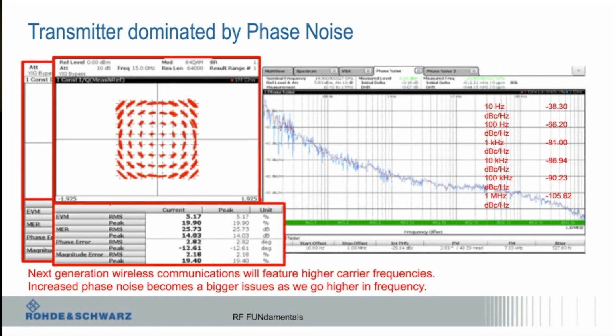But for guys who do DOCSIS, that's internet over cable, high throughput bidirectional data, they have a 16K QAM signal, right? It's not over the air, it's through a cable, but still, think about that.